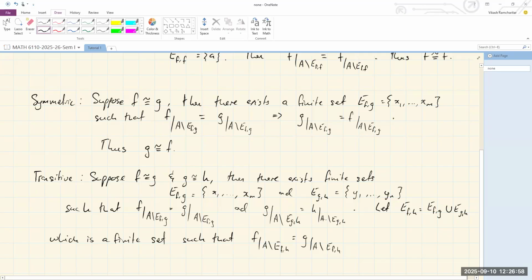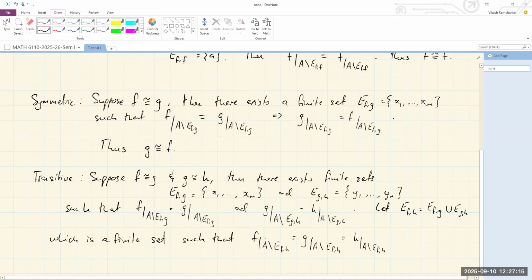And I know that g and h are equal to each other once I remove all the y's, right? And I have removed all the x's and all the y's. So g and h are equal to each other on this set. Okay, and that's what I want.